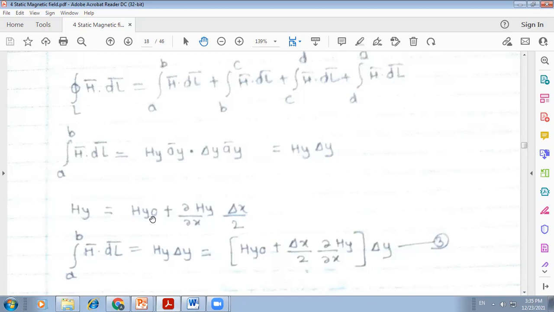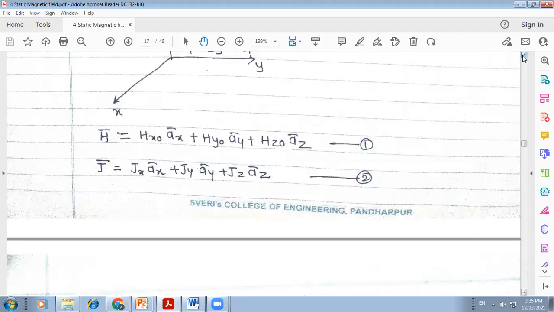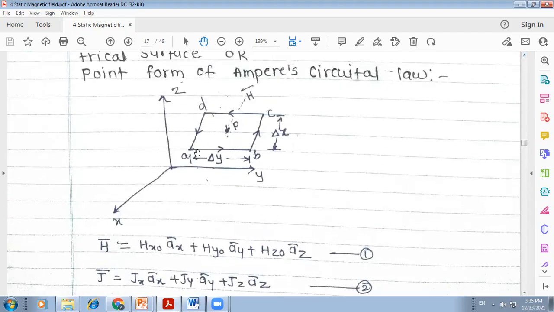This hy0 is nothing but the y component of h at the center, plus dabba hy upon dabba x, which means it is varying with x. Now how is it varying with x? That hy is along the y-axis, and why are we taking x? Because we are taking from point P to this AB.